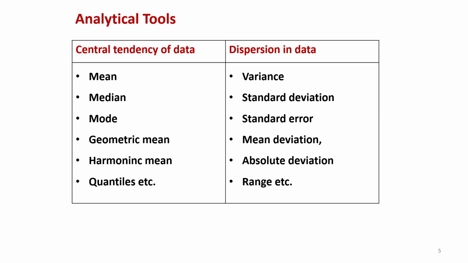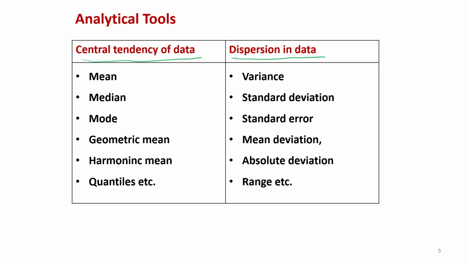For that there are various tools. First and foremost, the usual objective in EDA is that people want to study the central tendency of the data. They want to study the dispersion in the data, that is, how much variability there is. In order to understand the information hidden inside the data, they use different types of tools.